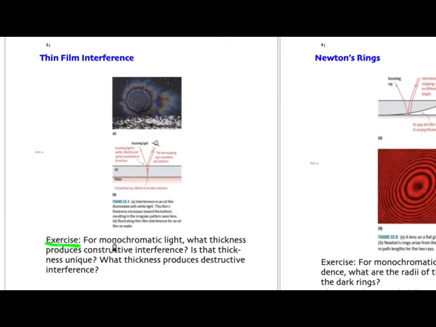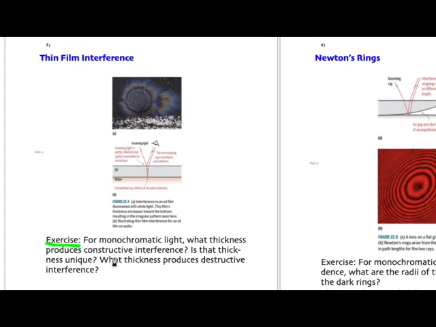For monochromatic light, that is to say one particular wavelength, what thickness produces constructive interference? Is that thickness unique? No, because the path difference would have to be an integer number of wavelengths. So it could be one wavelength, it could be two wavelengths, it could be three wavelengths. So there can be multiple possibilities for constructive interference.